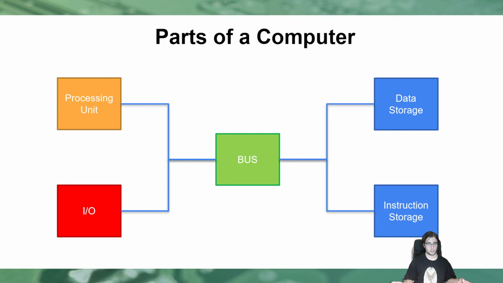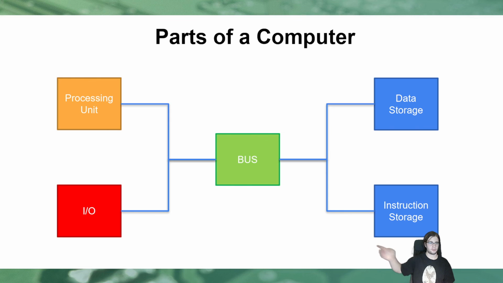Data storage is any kind of data, like a picture, text, a book. If you store that on your computer, a picture of a cute cat would be data storage. Instruction storage is all your programs, or rather the programming code that gets executed. That would be instruction storage, just things that tell the processing unit what to do.